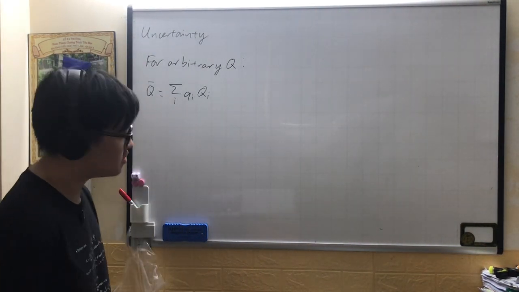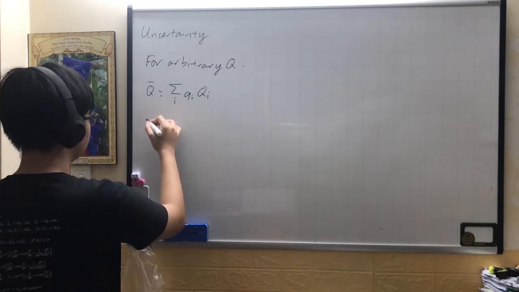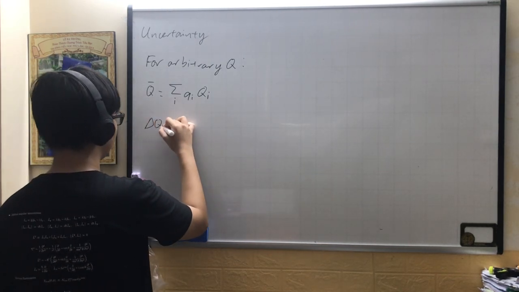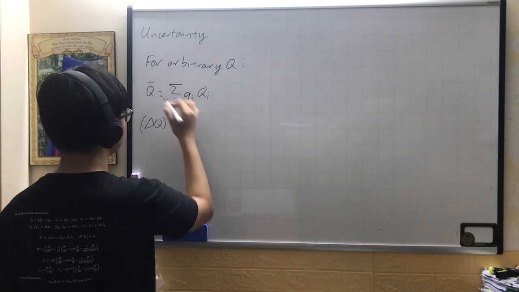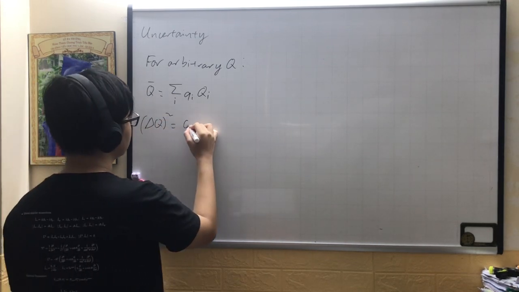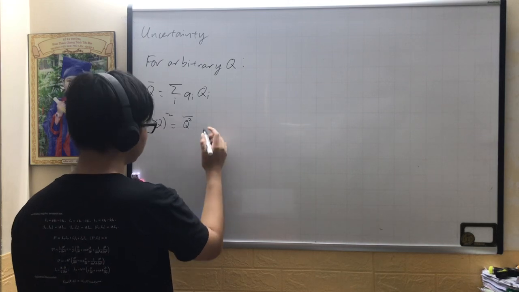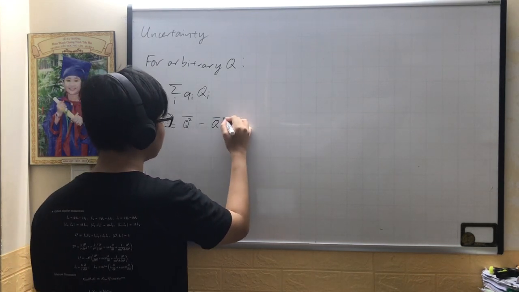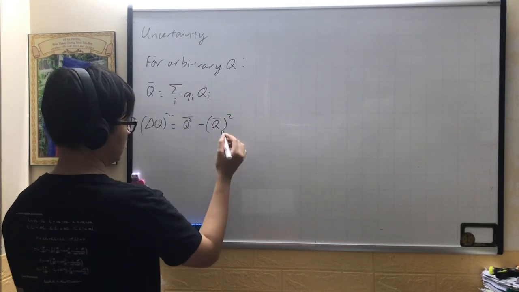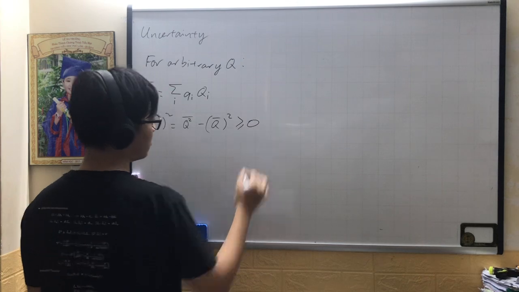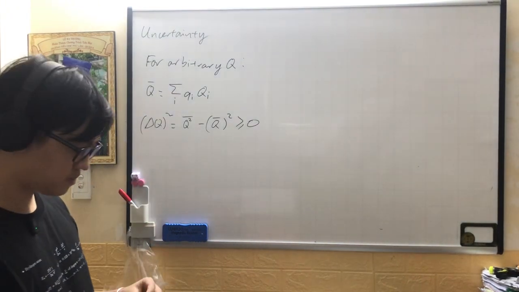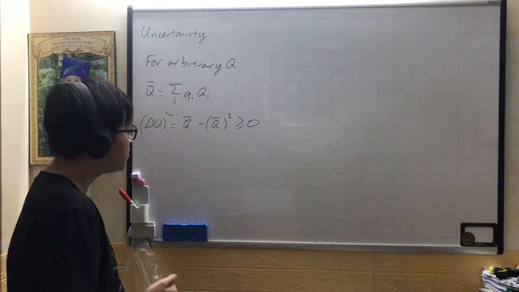As you know, the variance squared is equal to the mean of Q squared minus the mean of Q, squared. And this is greater than or equal to 0. That is another definition here.